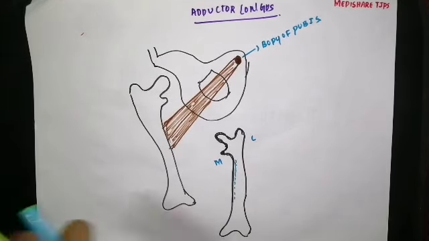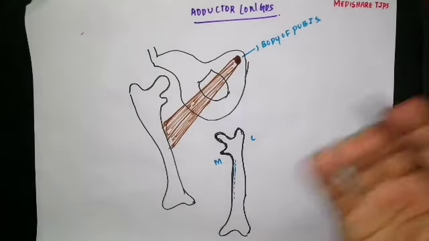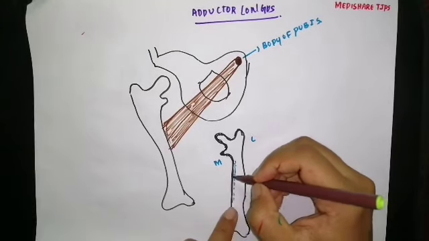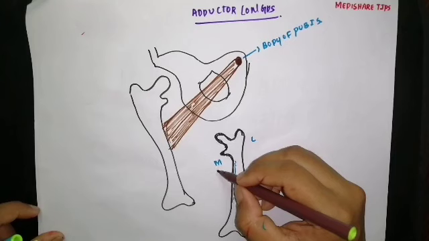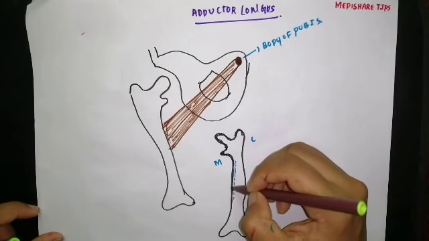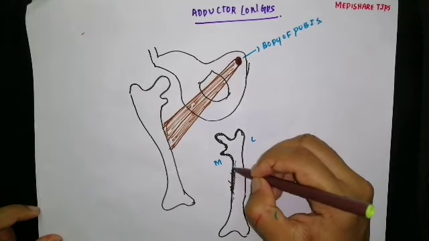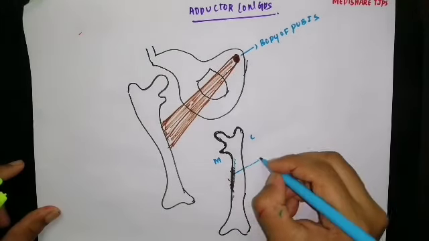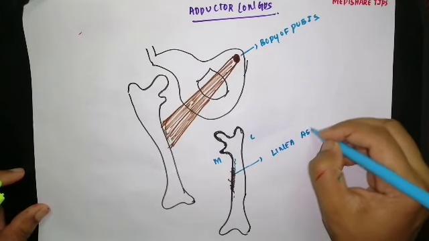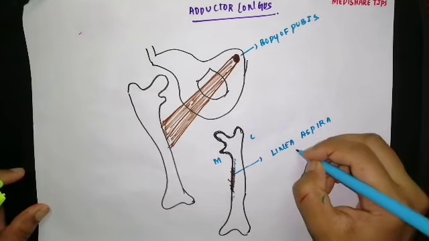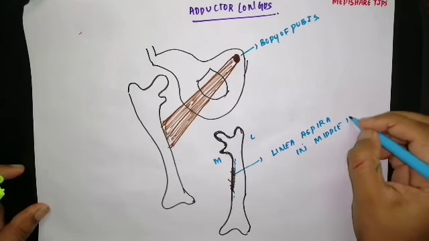This triangular muscle, originating from the body of pubis, passes posteriorly and gets inserted into the linea aspera in the middle third of the shaft of femur. So insertion is at the linea aspera in the middle third of the shaft of femur.